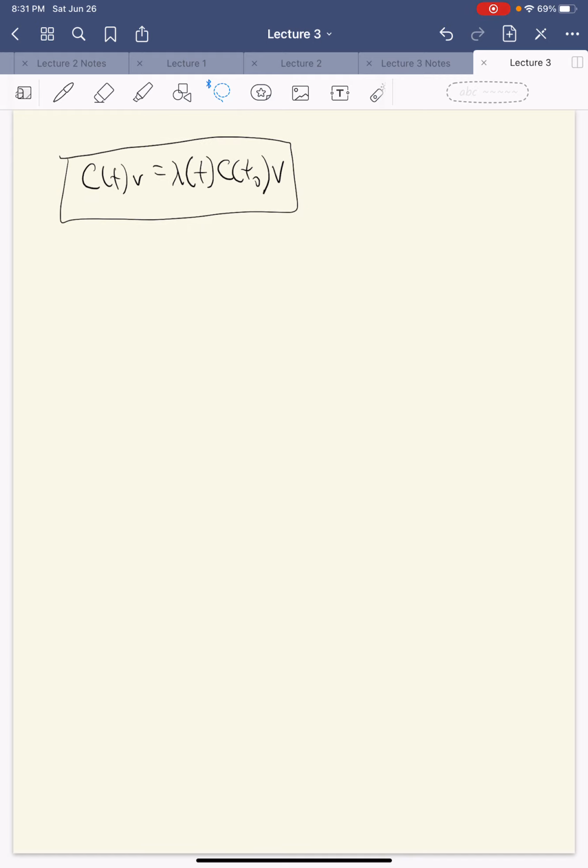All right, so this is the thing we want to solve, and we will do so in class. But the thing that comes out of it are these eigenvalues lambda.